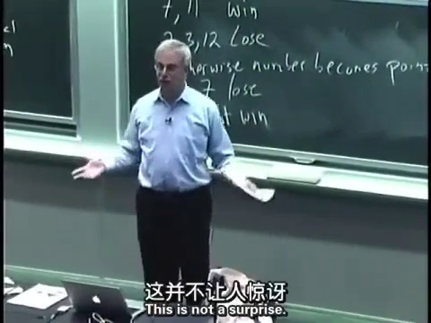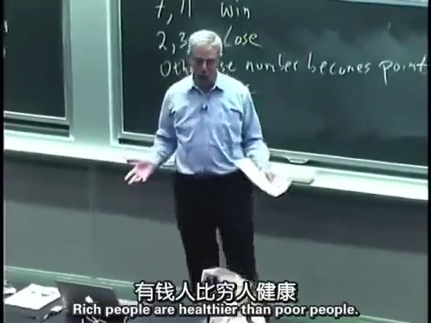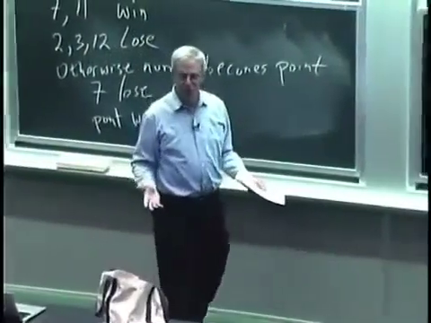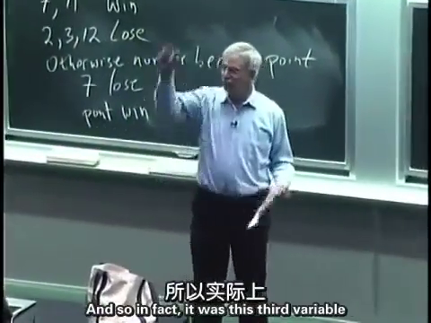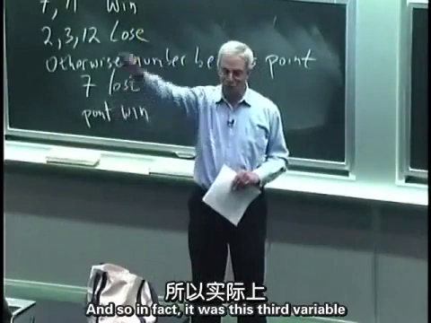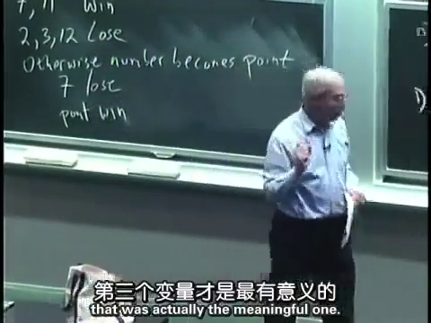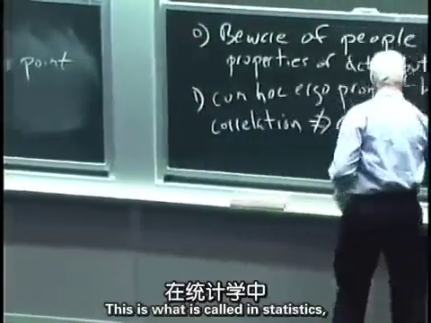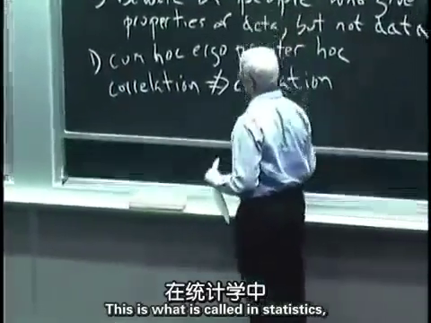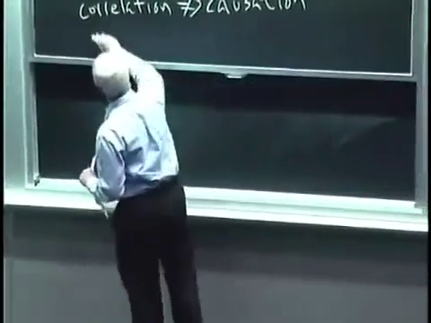This is not a surprise that rich people are healthier than poor people. And so, in fact, it was this third variable that was actually the meaningful one. This is what is called in statistics a lurking variable.